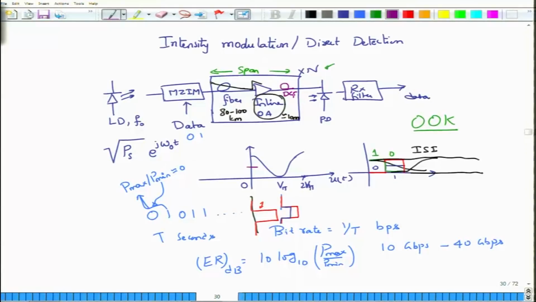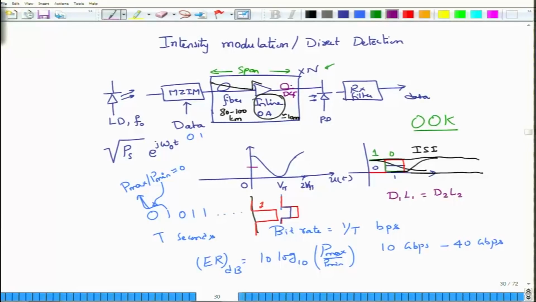The only condition that you normally want to satisfy is that if the forward fiber has a dispersion coefficient of D1 and a length of L1, then D1 times L1 should be equal to D2 times L2, where D2 is the dispersion coefficient of the dispersion compensating fiber, but its sign will be opposite to D1, and L2 is the length of the dispersion compensating fiber, L1 being the length of the forward fiber that is used. So this is how a typical span would look for most legacy systems.